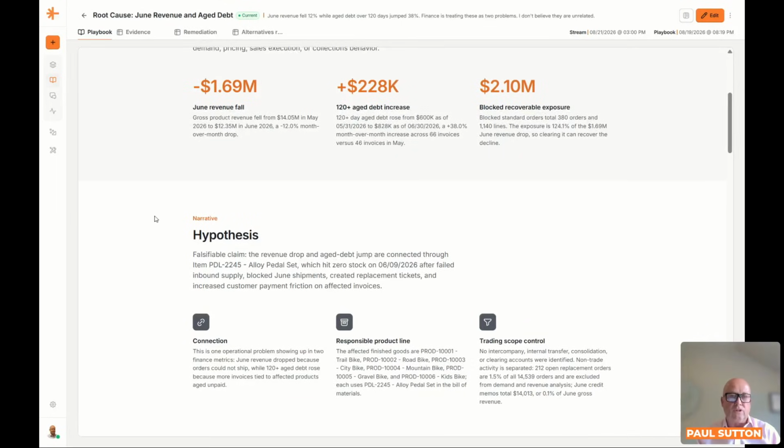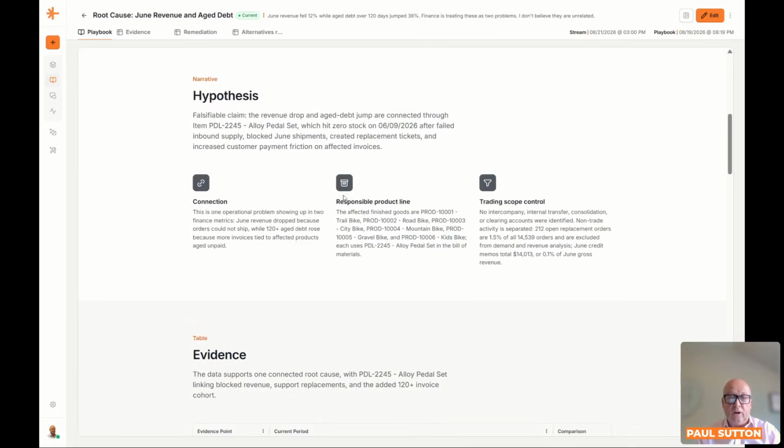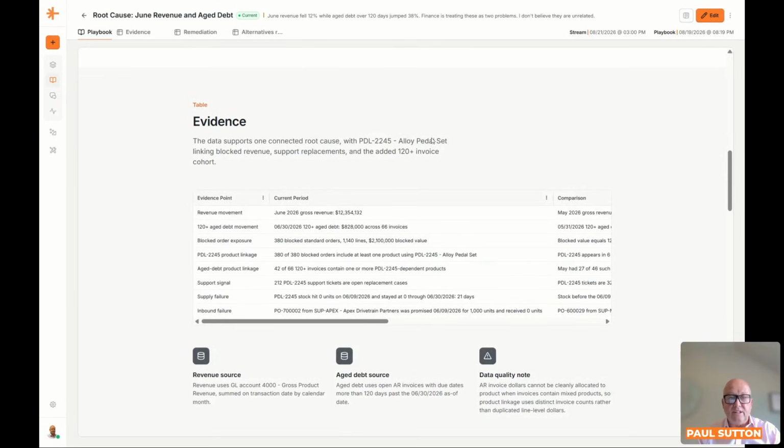So the playbook goes on to develop this even further. It's basically saying that this pedal 2245 hit zero stock halfway through June, and the net situation of all that is it affected a range of products over here, which meant these products couldn't be delivered, and effectively meant that the revenue couldn't be collected. If we look down here, it goes on and gives the evidence to support it.